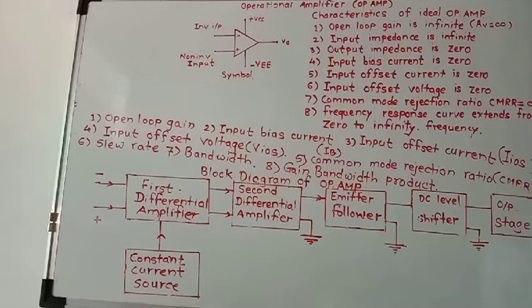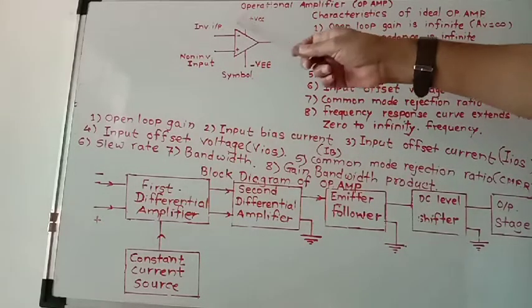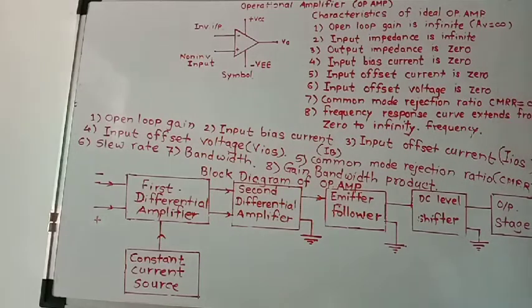So what is an operational amplifier? An operational amplifier is a high gain, high input impedance direct coupled amplifier. So between two stages there is no coupling device, that is, a coupling capacitor is not there.